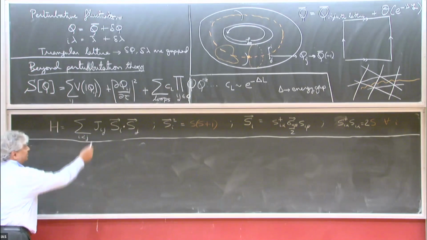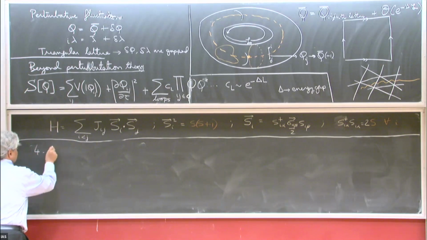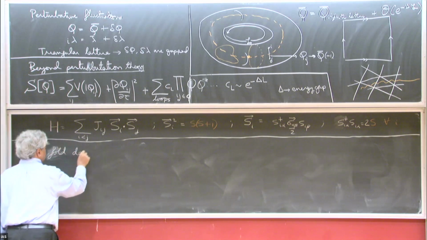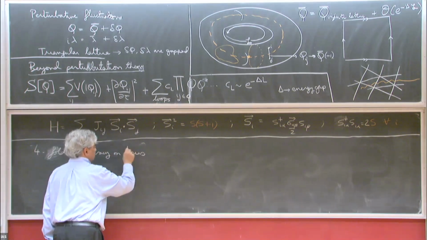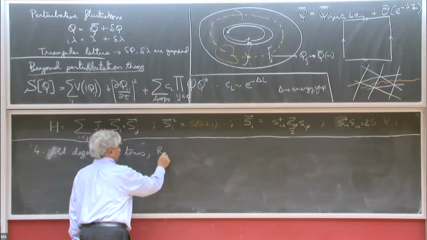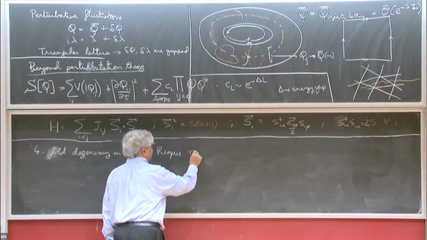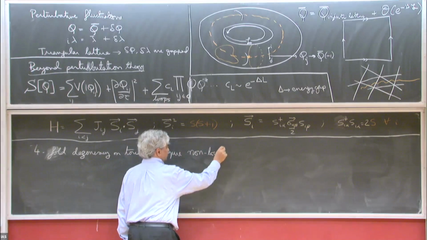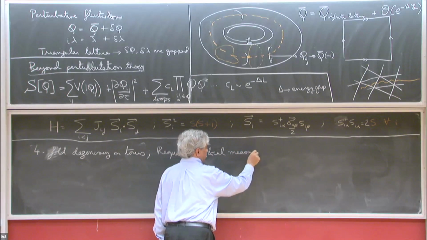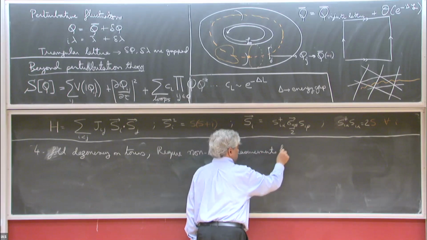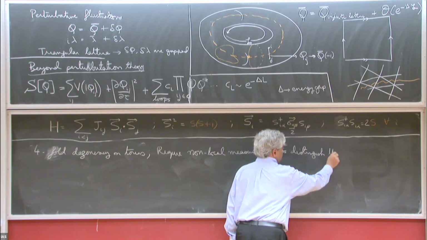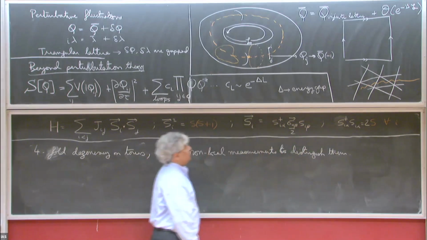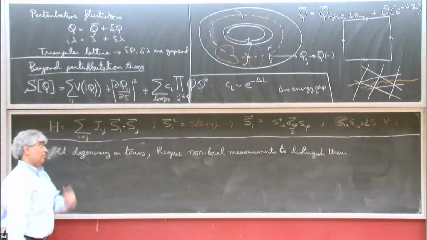Here, the important point is that there's a 4-fold degeneracy of the ground states on the torus, and you require non-local measurements, very specific non-local measurements to distinguish them. So that's the really interesting and important thing here.